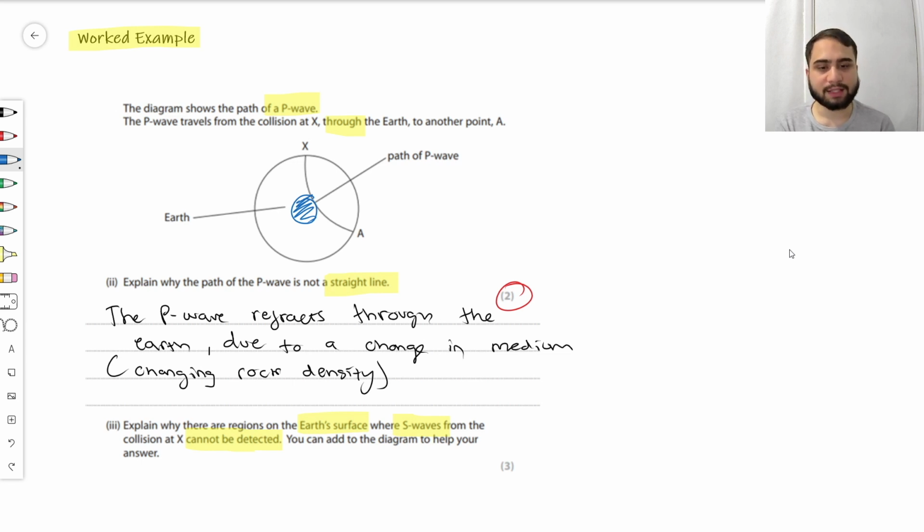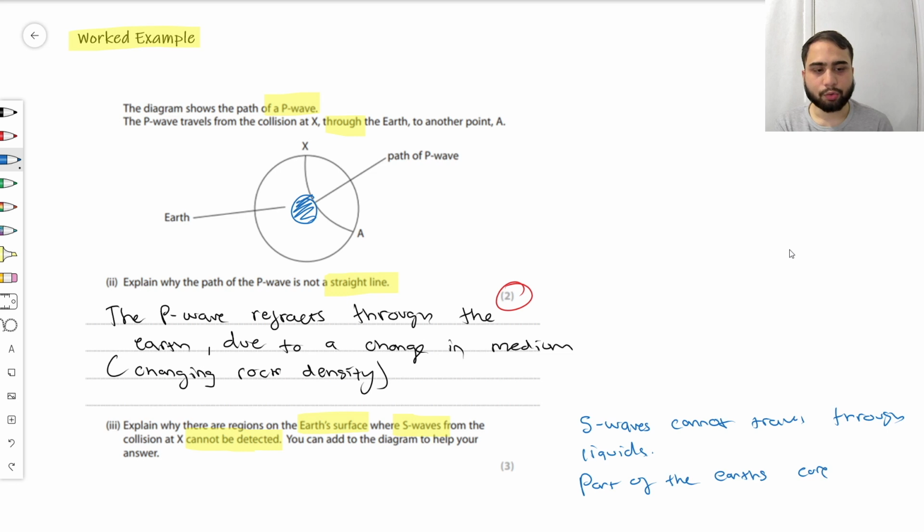So let's put that into words. S waves cannot travel through liquids. Part of the Earth's core is liquid.